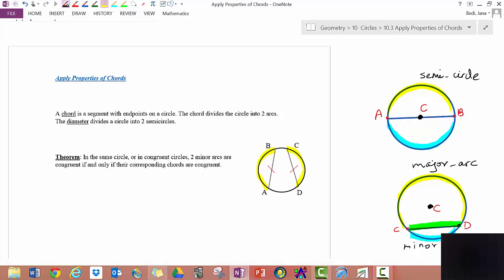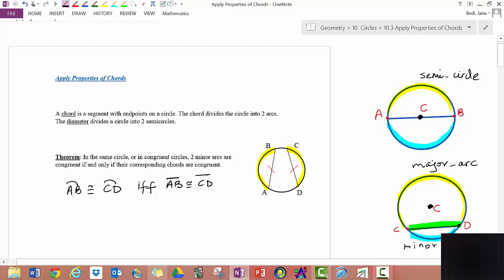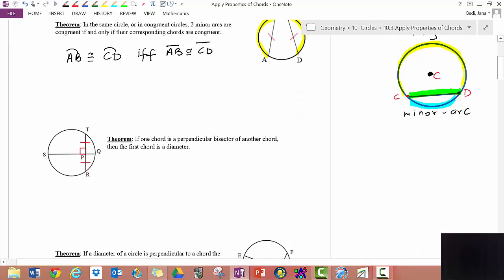And what we are saying is that arc AB is congruent to arc CD if and only if chord AB, and we know it's a chord when there's a straight segment sign on it. So if the chords are congruent, the minor arcs are congruent. Let me just label this minor arc.